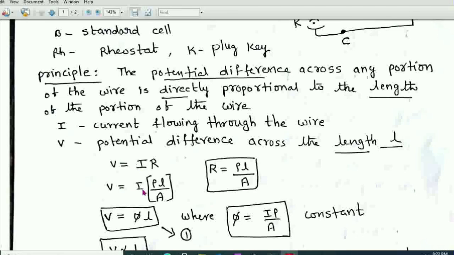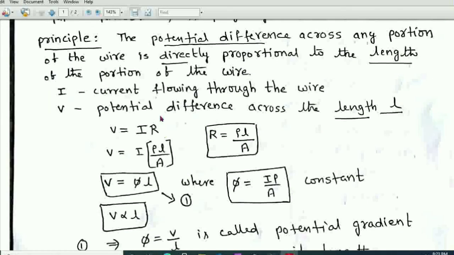Already we know that the resistance of a conductor is directly proportional to its length and inversely proportional to its area of cross section. Rho is the resistivity, the proportionality constant, so R is equal to rho L by A. In place of R we can write rho L by A. This is the expression for resistance.